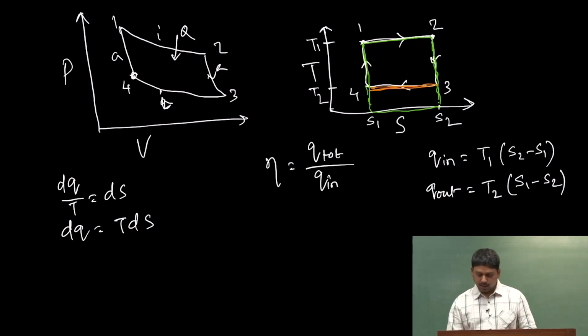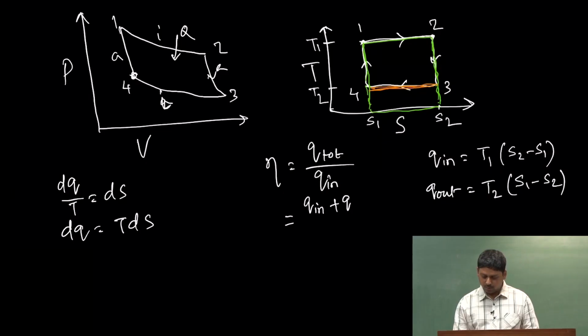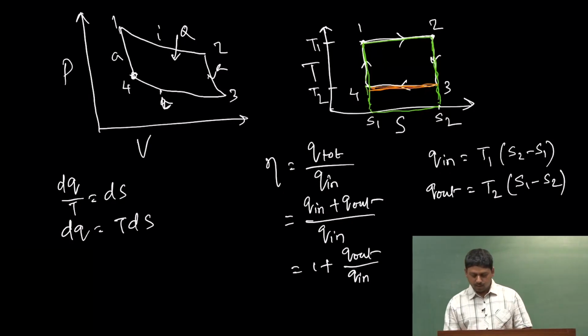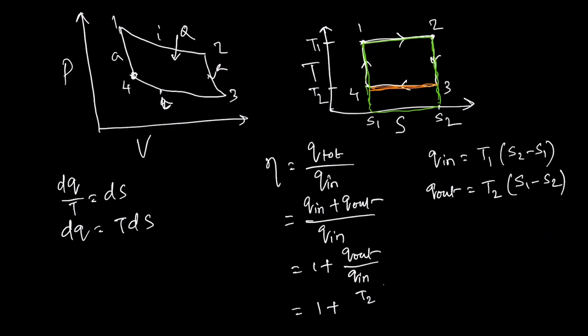So we can also calculate the efficiency using Q out and Q in. Let us do that. Q tot is Q in plus Q out. Remember, Q out itself is a negative quantity. The efficiency is Q tot divided by Q in, which is 1 plus Q out divided by Q in, equal to 1 plus T2 times S1 minus S2 over T1 times S2 minus S1.